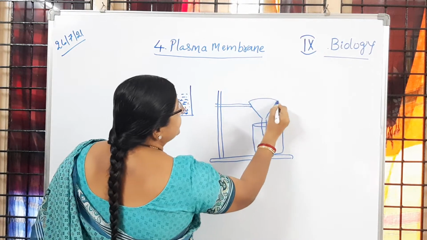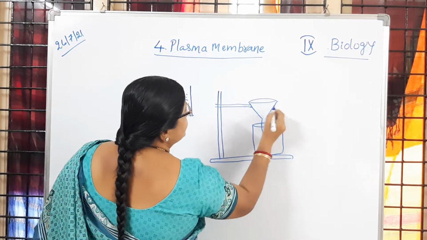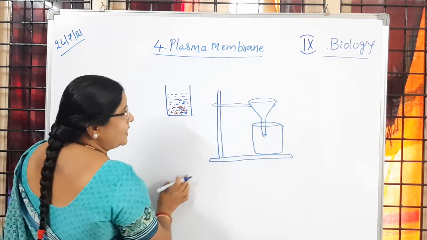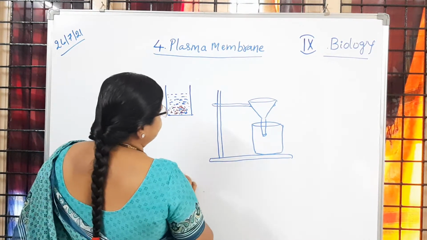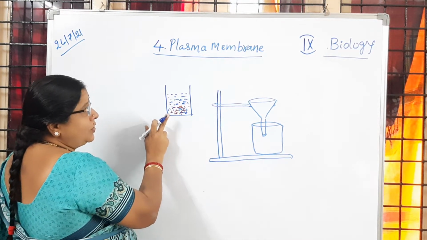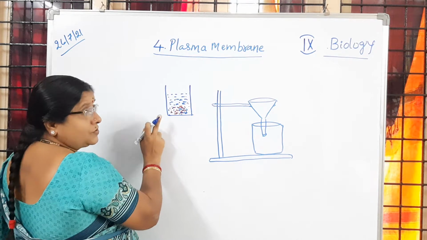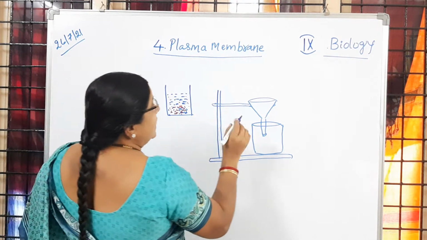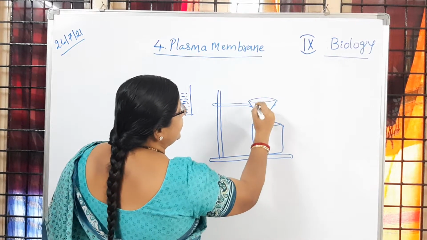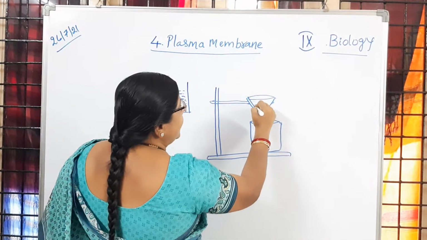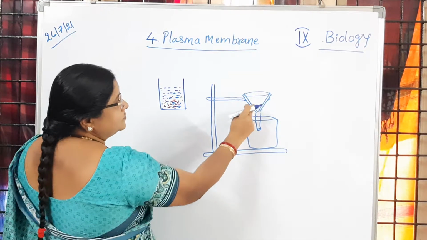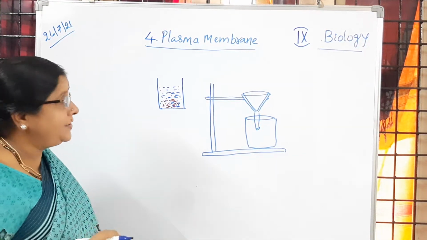With the help of the stand we have fixed this funnel, and the beaker which contains the wheat flour or rice flour solution, that we have to pour here. Before we pour this solution, we have to keep a tissue paper or blotting paper in the funnel. Is it clear to you?